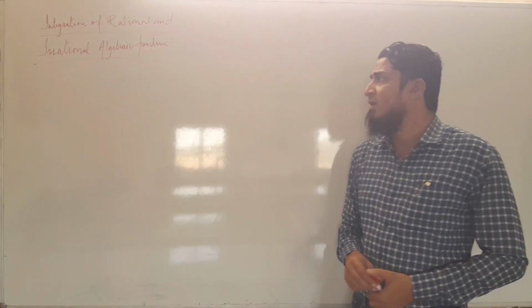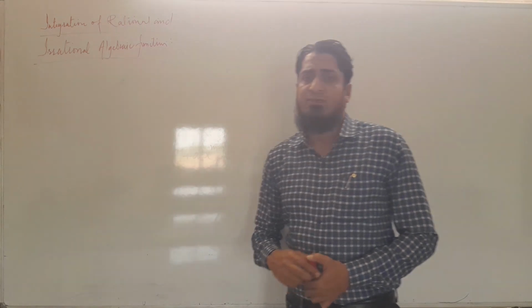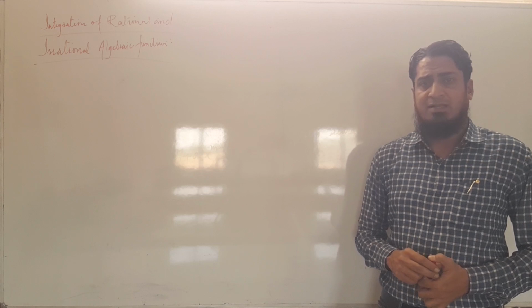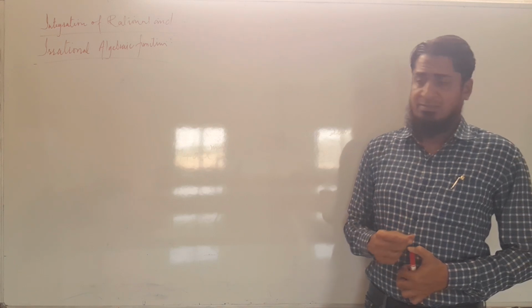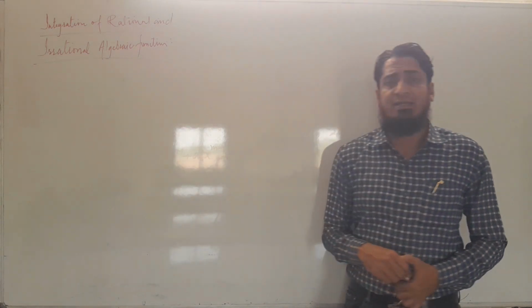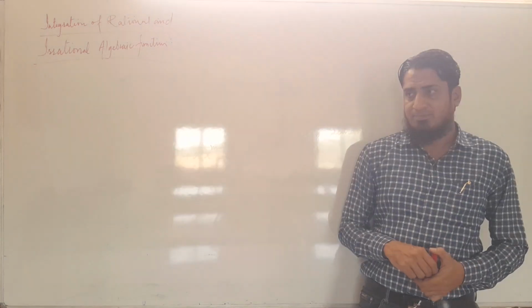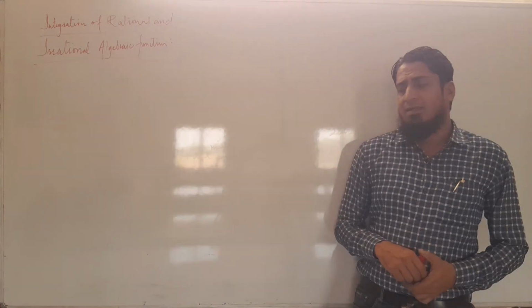But when the degree of the denominator is lesser and the degree of the numerator is greater, we have to divide the polynomial by the denominator first. By getting the remainder and quotient, we can simplify that rational function, and then we can try for integration.